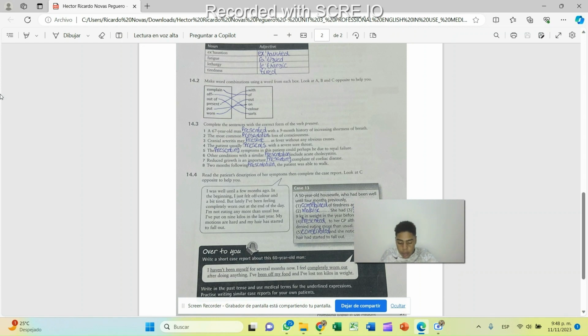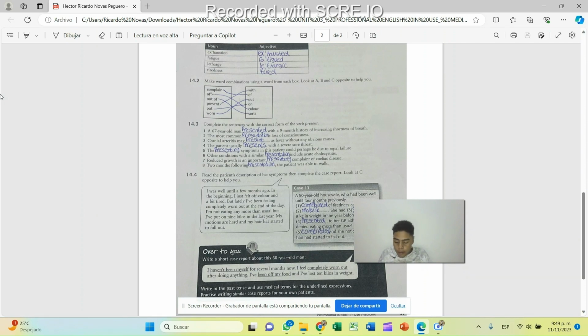I'm not eating any more than usual, but I've put on 9 kilos in the last year. My motions are hard and my hair has started to fall out.